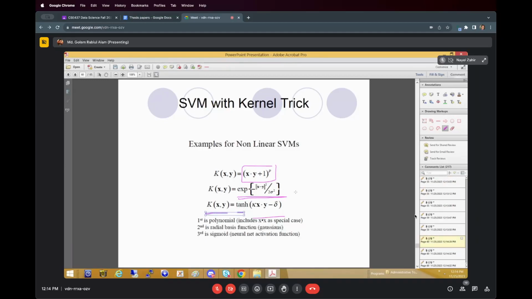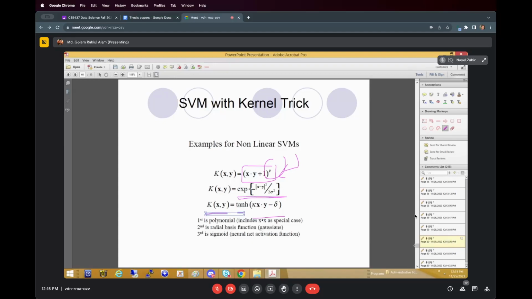So usually we call that the radial basis function. It can place data points in infinite dimension, but in the case of the polynomial kernel, the dimension is fixed. That means you can define your dimension.